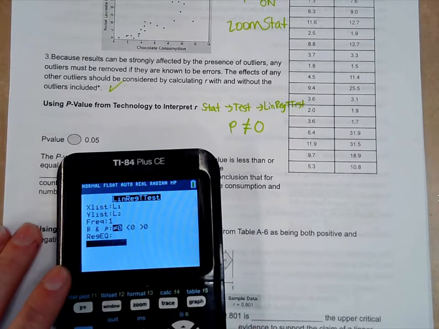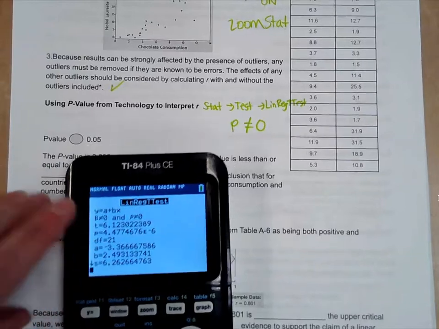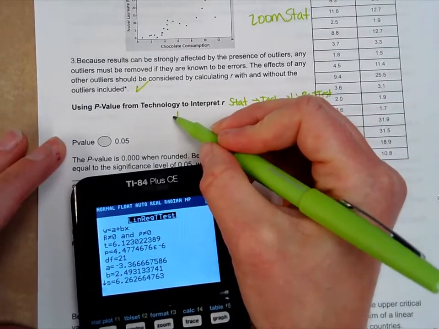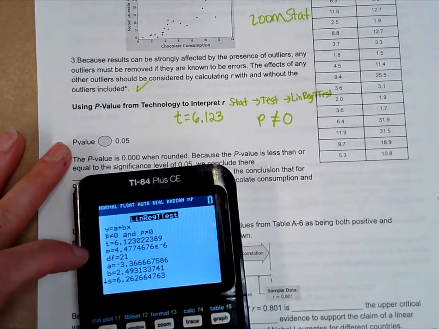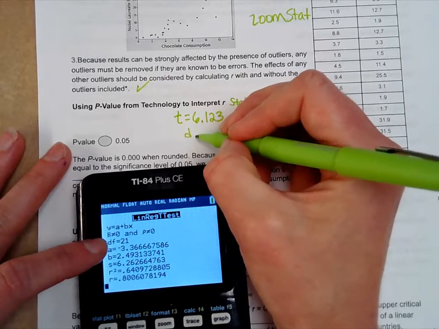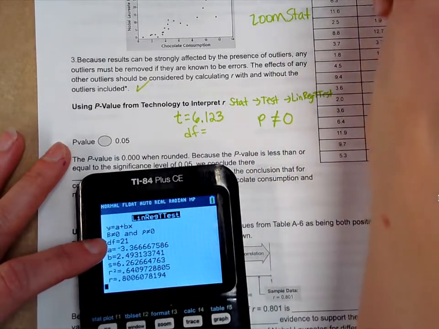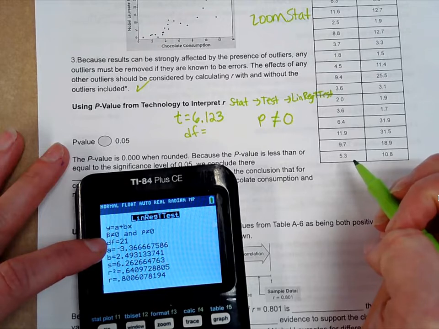Okay, let's calculate. So it gives us a lot of information. It gives us t, 6.123. It gives us degrees of freedom. There are actually 23 pieces of data on here, paired data.